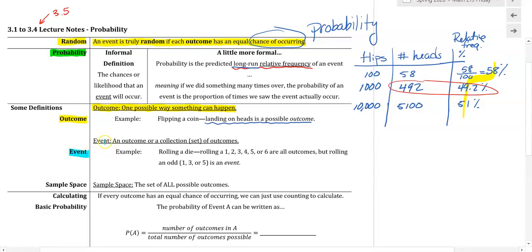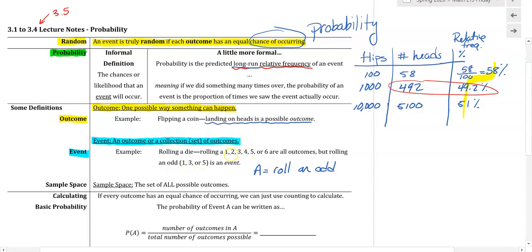An event is an outcome itself or a collection, a set of outcomes. So for example, if you're rolling a die, then rolling a 1, 2, 3, 4, 5, or 6 are all the possible outcomes that can occur. And if we were to create an event, my event could be roll an odd, or an even, say. Rather, an odd, sorry.